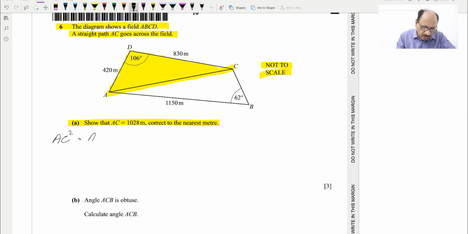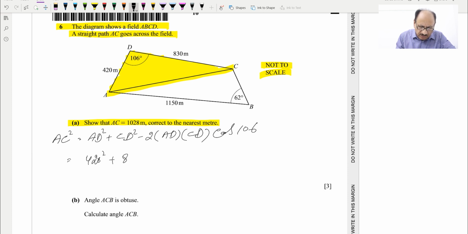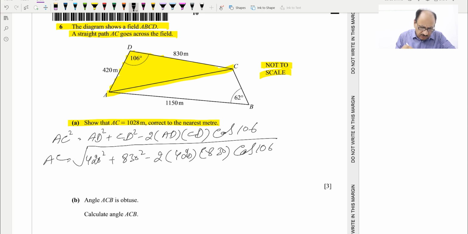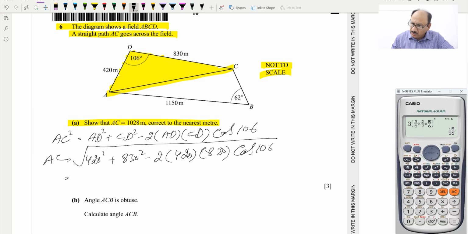AC square will be equal to AD square plus CD square minus 2 into AD into CD and cos of 106. And we can write AD means 420 square, and plus CD will be 830 square minus 2 into 420 into 830 and cos of 106, and we can take square root because we need the AC value, and this one we will put in the calculator and we will get the answer.